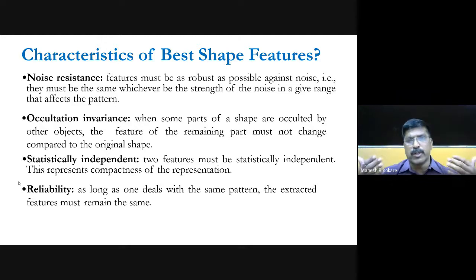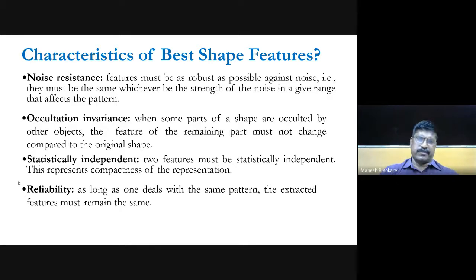So your method should not detect a noisy point as an edge pixel. Noise should be completely removed and only the shape should be preserved by your method. Then that method is considered a good method. Features must be as robust as possible against noise. They must be the same whatever the strength of noise in the given range that affects the pattern. So your method should be noise resistant.